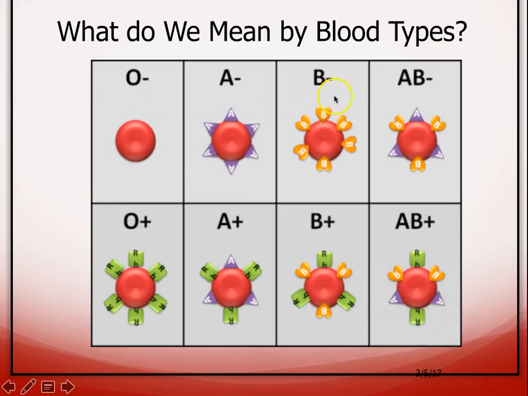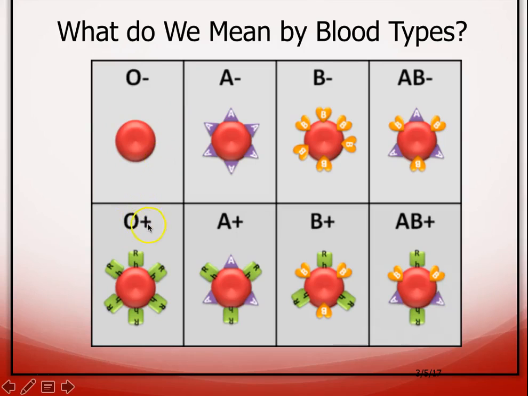All of the negatives have the letters associated with them. What I mean by that is AB has A and B. B has B. A has A. O, or 0, has nothing. That's not hard.